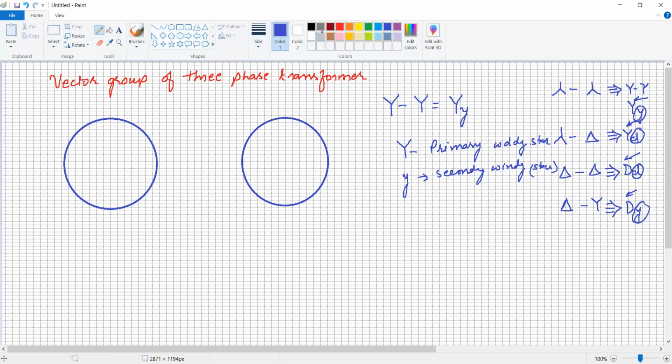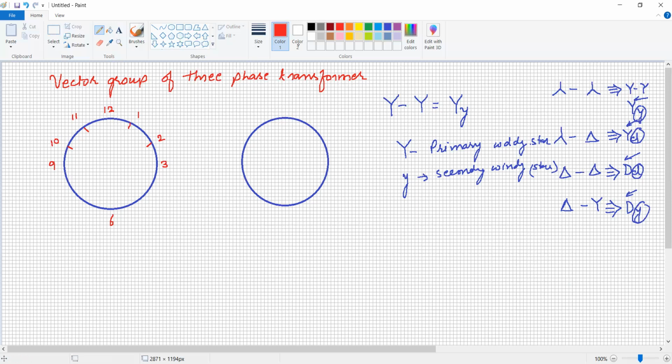First we will try to see it with the help of a clock. Say it is 12, 3, 9, 6, and here it is 1, 2. Similarly, here it is 11 and 10.